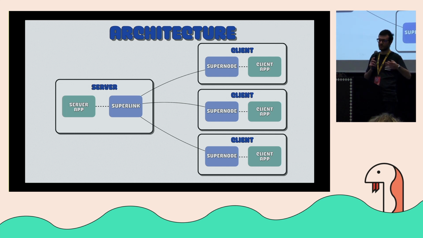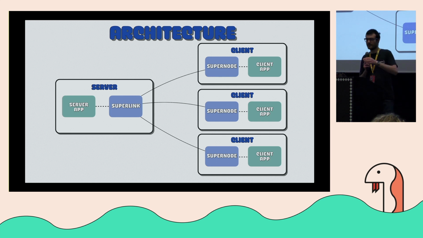You will probably only touch the server app. In the server app, basically you will have to write some logic of how the server works. For instance, you have to specify your strategy, how you want to aggregate the weights. In general, this is something that you don't change unless you have some specific requirement. On the client side, instead, you have the SuperNode, which is, again, responsible for the communication.